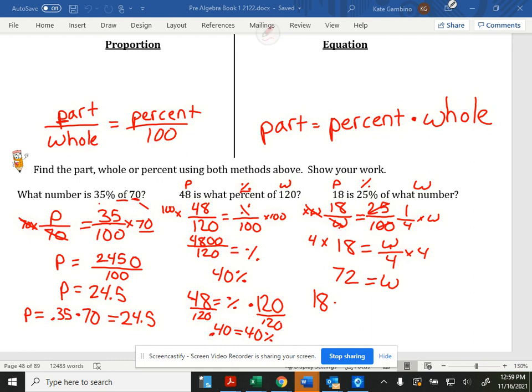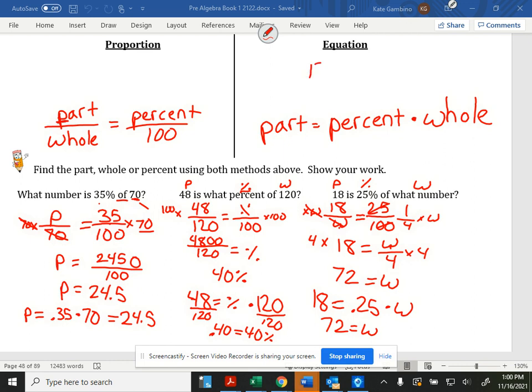The percentage, 0.25 times the whole. 18 divided by 0.25 gives us what? It gives us 72.